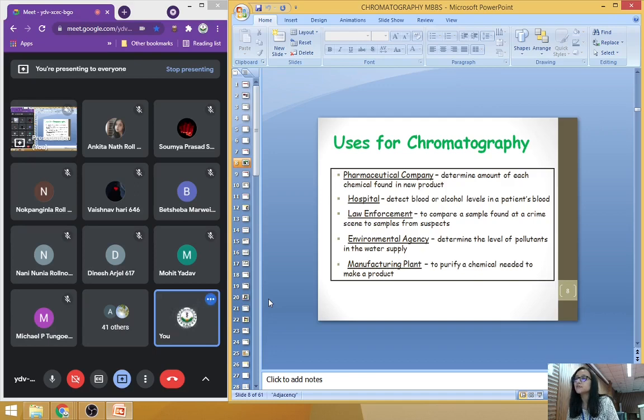In forensic or law enforcement, to compare a sample found at the crime scene to samples from the suspects. In environmental agencies to determine the level of pollutants in the water supply, and in manufacturing plants to purify a chemical needed to make a product.